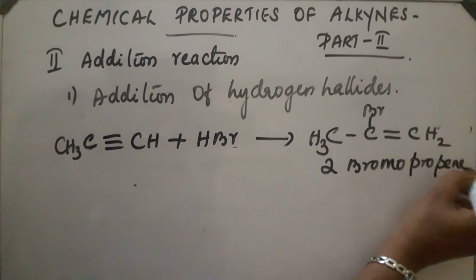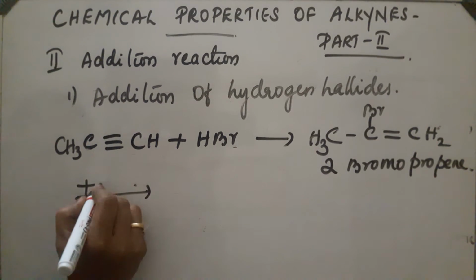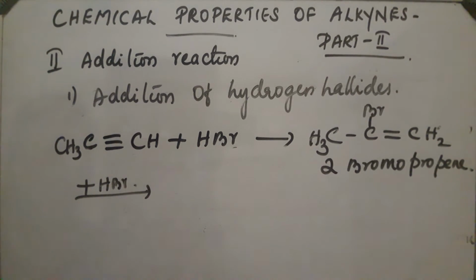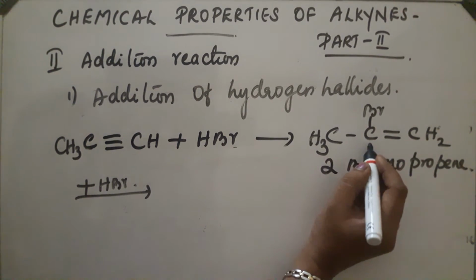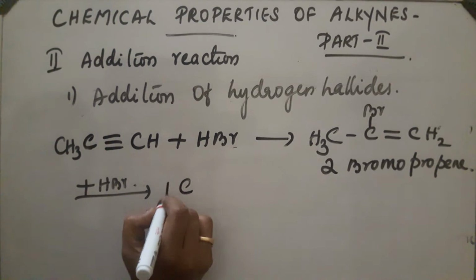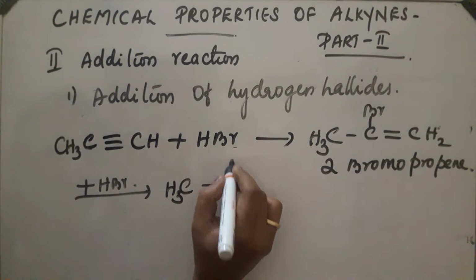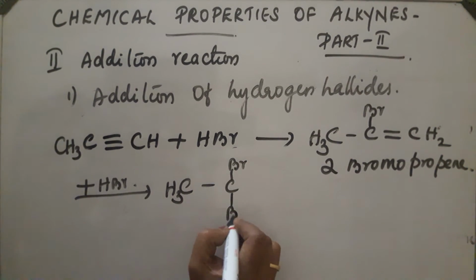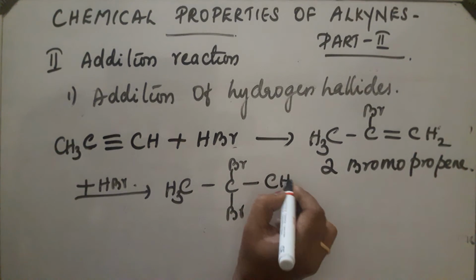Now, again, the next molecule reacts, HBr. Okay. Now, in this case, the Br will attach to the carbon atom containing less number of hydrogen atoms. So, CH3, CBr2, single bond CH3.